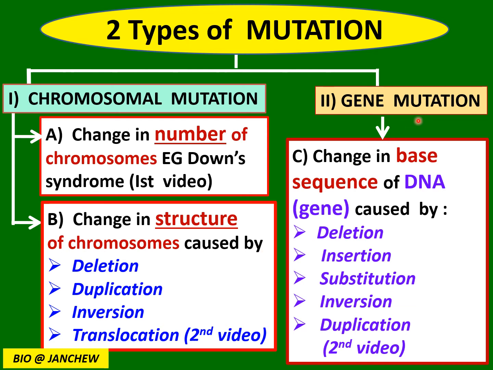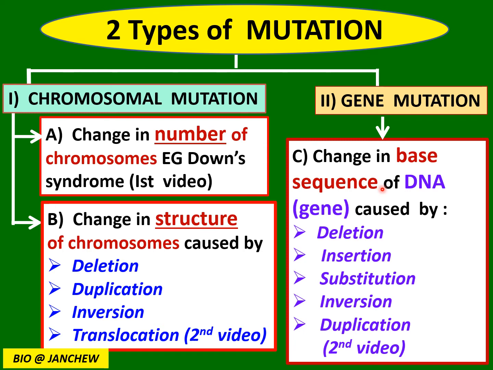Gene mutations. For gene mutations, there are changes in the base sequence of DNA, meaning in the sequence of the bases such as adenine, thymine, cytosine, and guanine, ATCG. So when there is a change in the normal base sequence of DNA, this can cause the type of protein formed to be different, because changes in base sequence will lead to changes in the type of amino acids that are used to build the protein molecule.